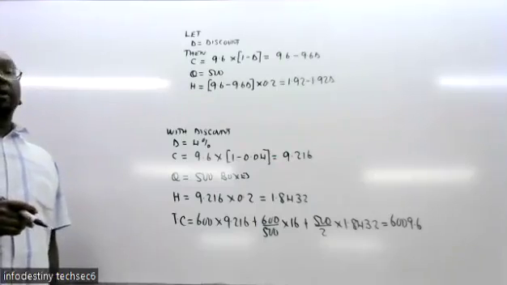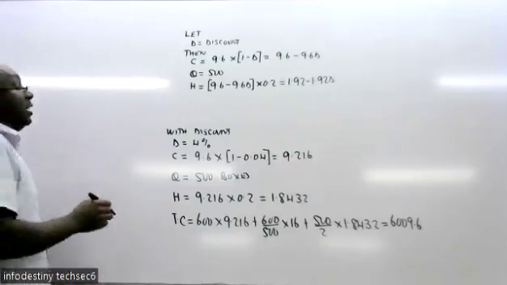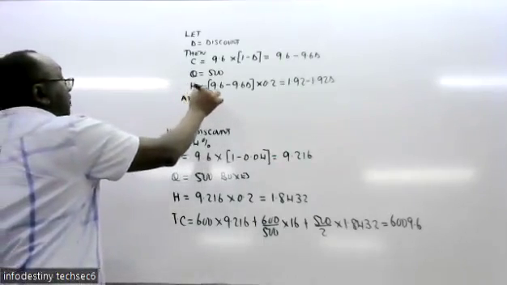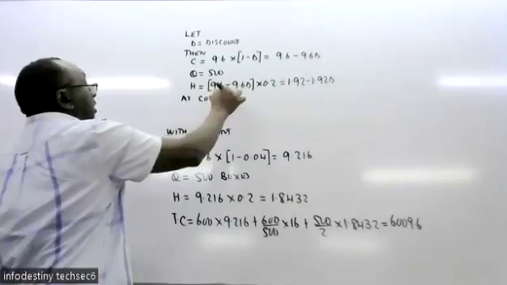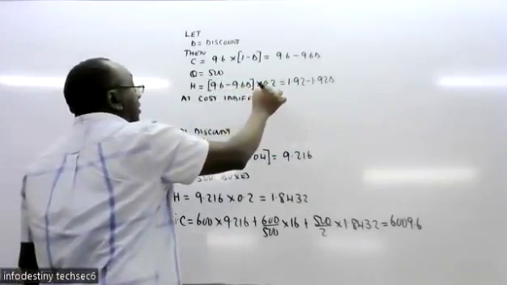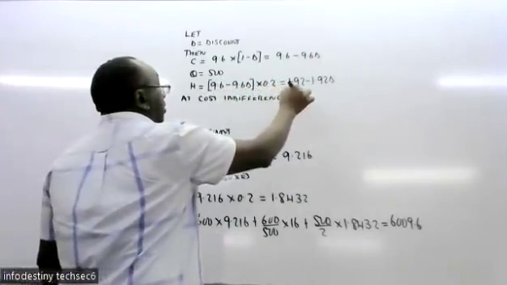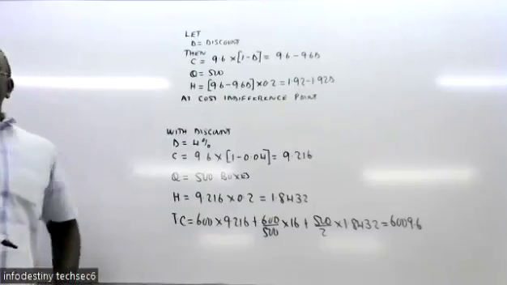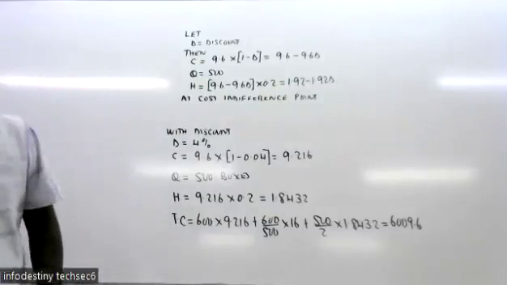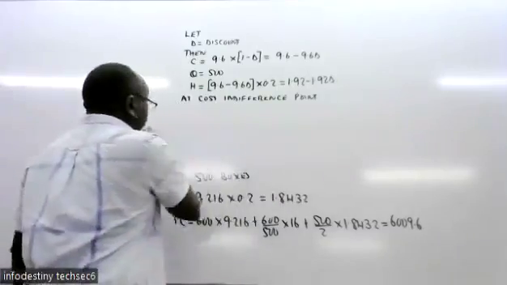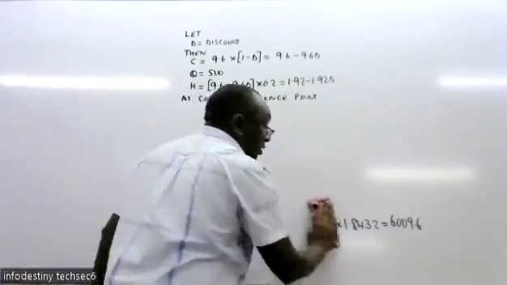So if that is the case, then we say at cost indifference point. Indifference is a point at which the options that you are comparing are equal. They are equally good.